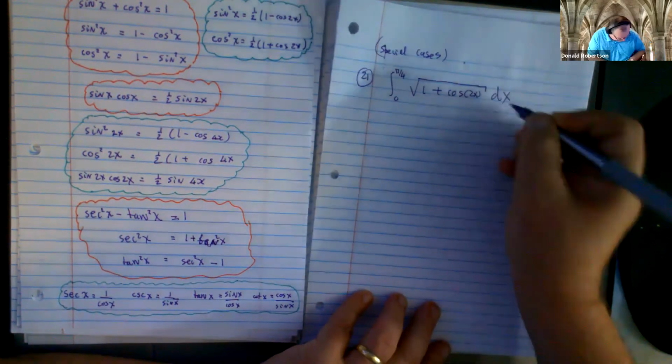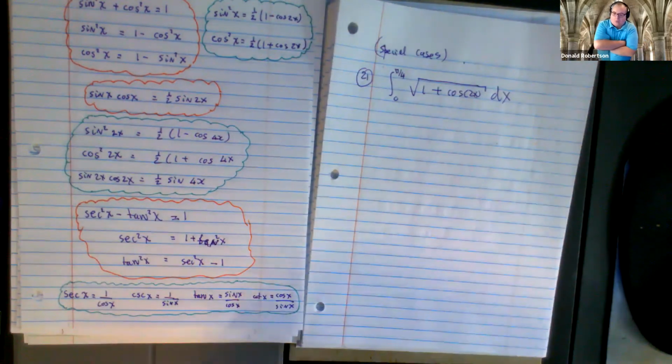So there's a special case. When you come across something that looks different from anything you've seen, I think it would fall into this category. So you just have to play about with it and see if there's anything that can be done.